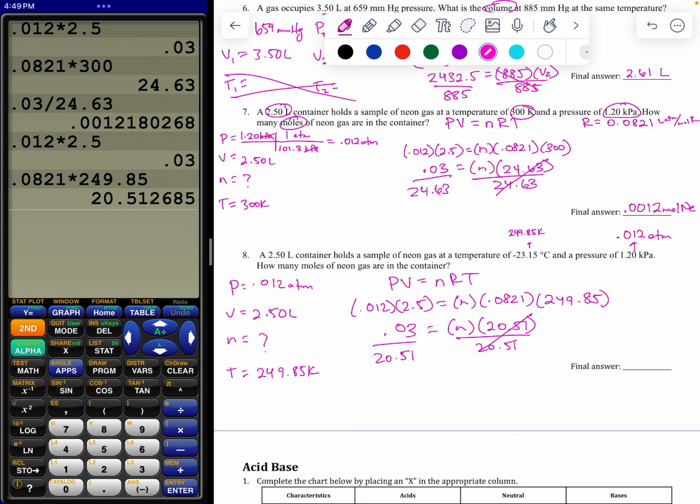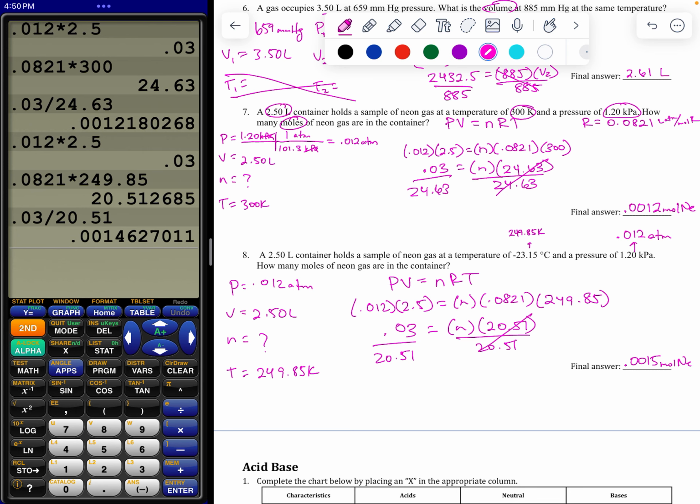I mean, the less you round, the better, usually, until the end. But if something is like 0.512, it's going to be 0.513, and it's kind of negligible, so that's why I did that. And we should end up with 0.03 divided by 20.51, which gives us 0.0015 moles of neon there.